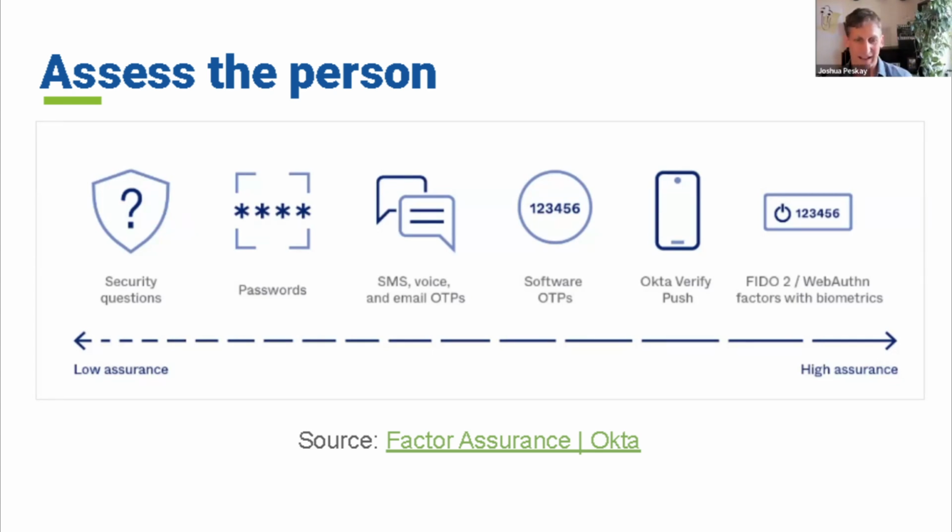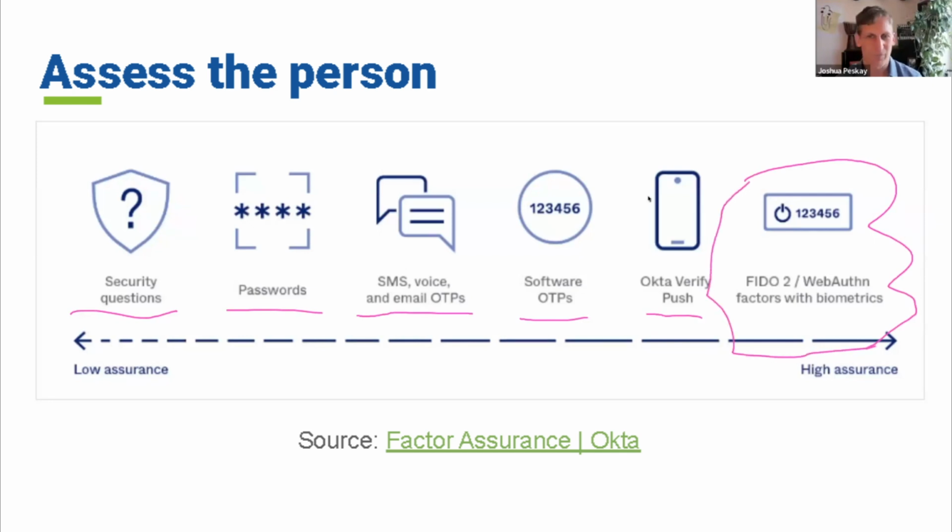And so there are lots of different forms of authentication. Security questions, passwords are terrible. One-time passwords via SMS or email are better, but still not very good. Software one-time passwords, little 6-digit codes you get on your phone, are better yet. Push notifications are good, but the best are what are called phish-resistant authentication.